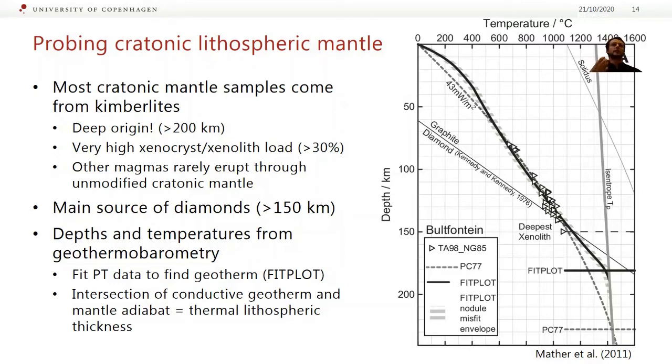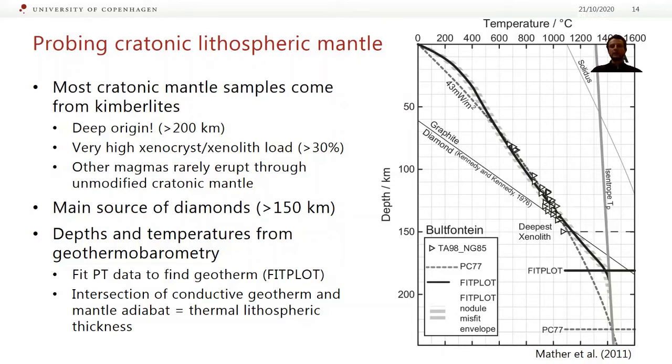For each xenolith, you get a pressure and a temperature. Basically, you can then plot these all up on a pressure versus temperature graph, and you can fit the pressure-temperature data using some additional constraints, such as you know what temperature the convecting mantle is, and you know what temperature it is at the surface at 0 degrees, and you put in some sort of estimate of radiogenic heat production. And from this, you can fit that data to find the cratonic geotherm.